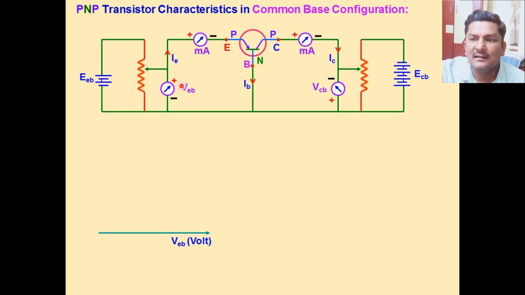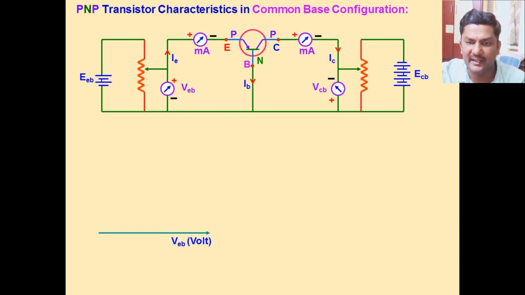The voltage across emitter and base is VEB. The instrument which can be used to measure voltage is called a voltmeter. So this is the voltmeter, with its positive terminal and negative terminal.